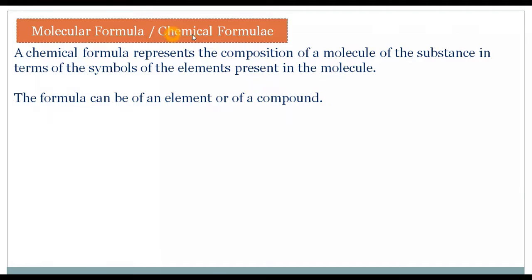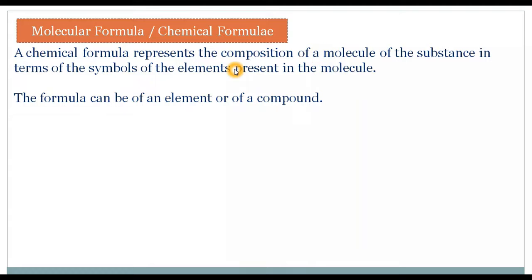Molecular formula or the chemical formula. Now, a chemical formula represents the composition of a molecule of the substance in terms of the symbols of the elements present in the molecule. Whatever be the composition of a substance, whatever be the molecules of a substance, the chemical formula represents that composition in terms of the symbols of the elements.